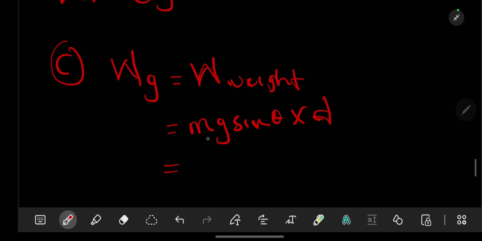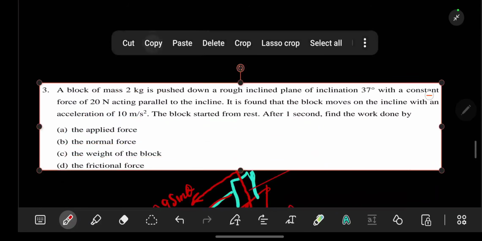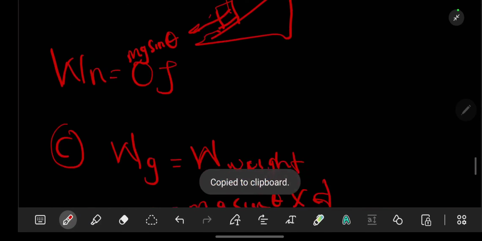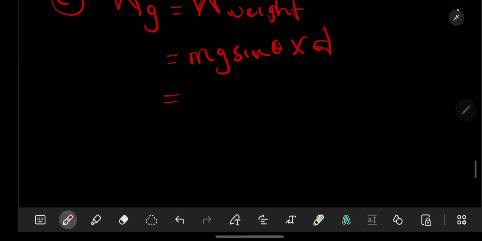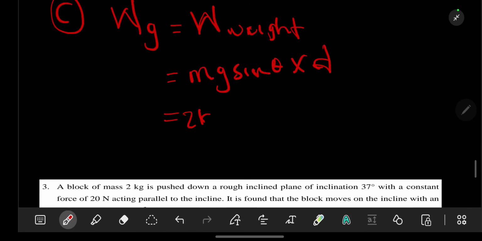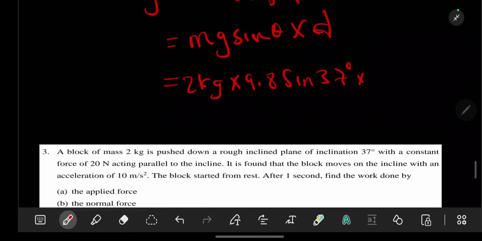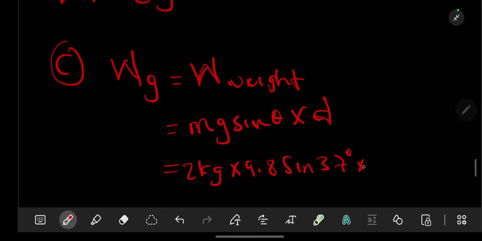So we are going to have our mg, which is our 2 kg by 9.8, times the sine of the angle of inclination, which is 37 degrees, times the distance. What is our distance? For this problem, we found it to be 5. So the distance along the ramp is 5.